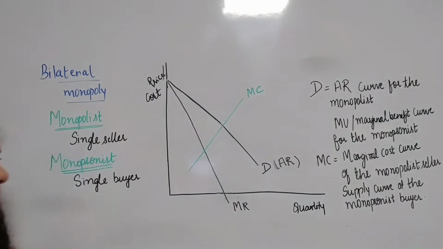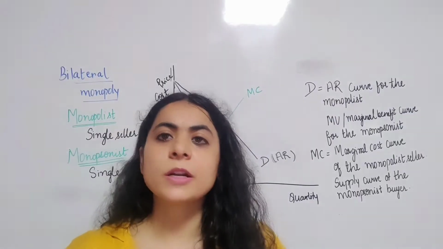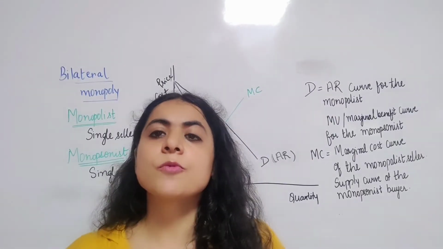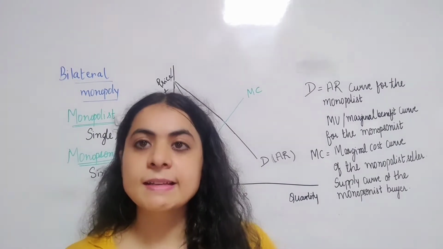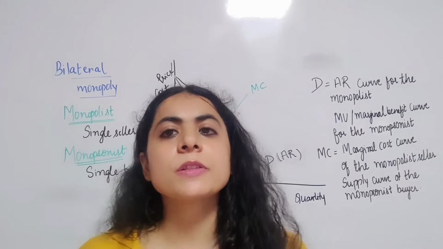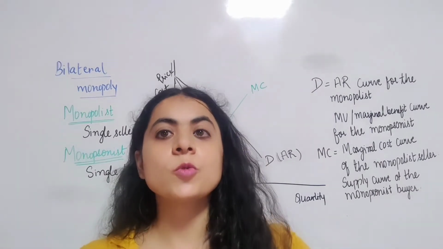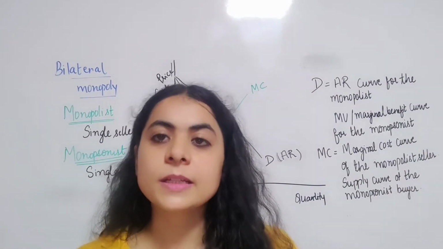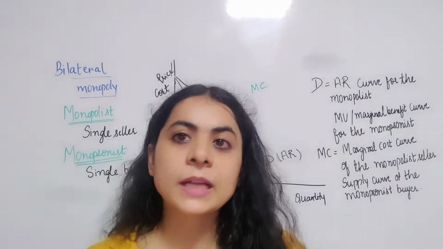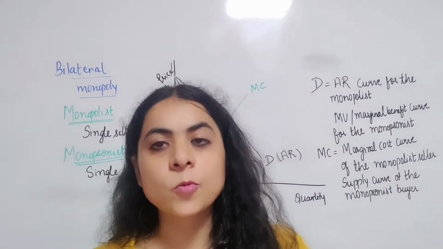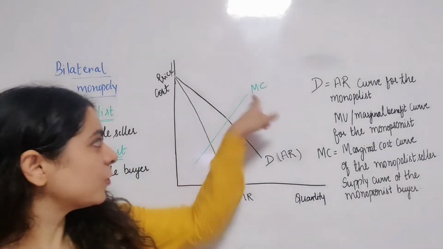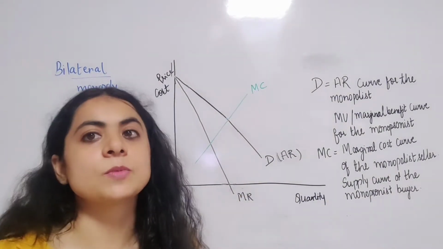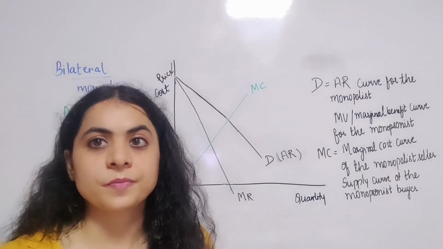The monopsonist buyer is aware of his market power, and being a profit maximizer, he would like to impose his own price terms on the seller. In other words, if he thinks that he can force the supplier to accept the price set by him, then he would be supplied by the seller the quantity at which the marginal cost of the monopolist is equal to the price set by the monopsonist.